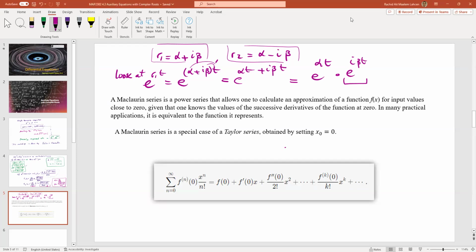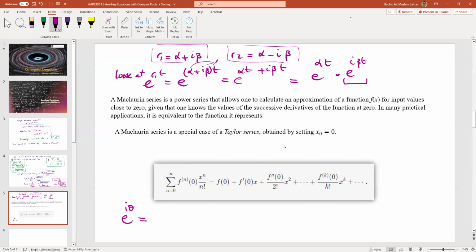Okay, so if you remember its formula, the compact one here on the left is the sum as n equals 0 to infinity of the nth derivative at 0 times x to the n over n factorial, then you can expand it. So now, what is this for e to the i theta?